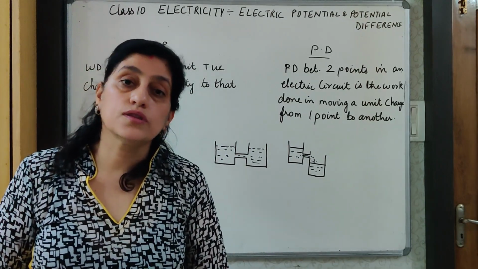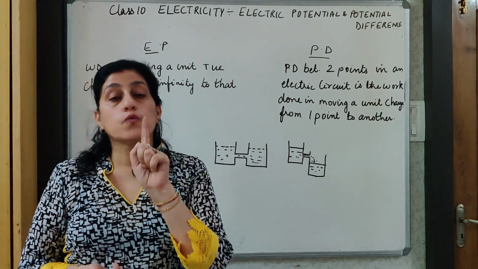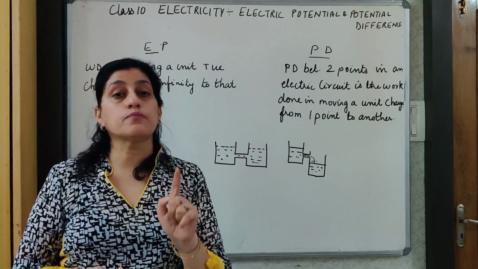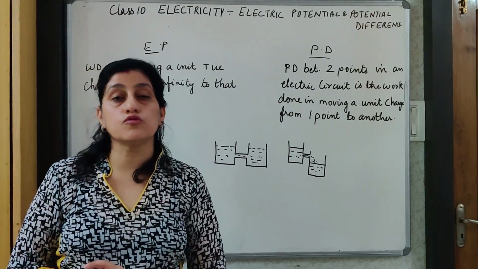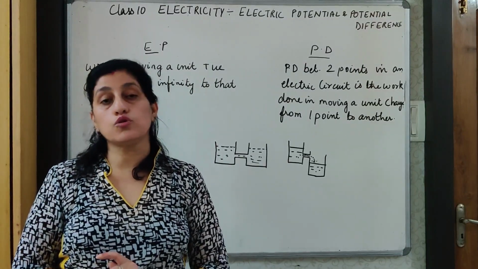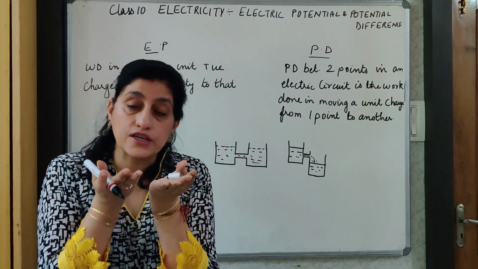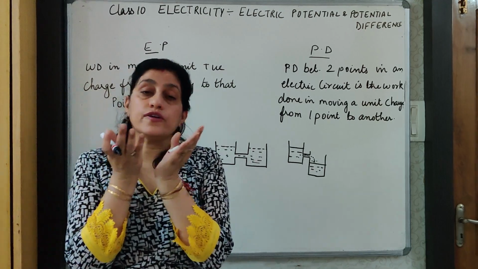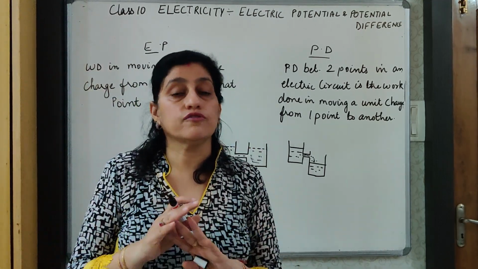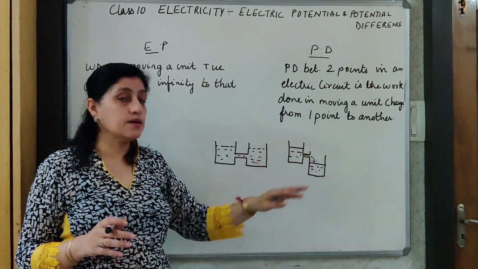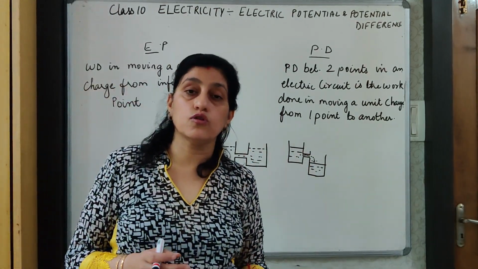Similarly, we also know that wind also flows when there is a difference in the pressure of the wind. You have studied in your SST also, wind moves from high pressure to low pressure. Unless the pressure of the wind is different, wind will not flow. So at the same pressure, wind does not flow. At the same pressure of water, water does not flow.